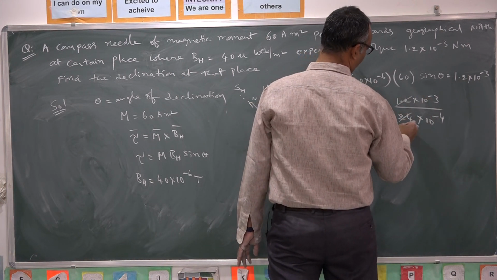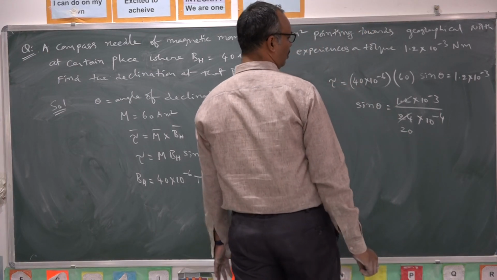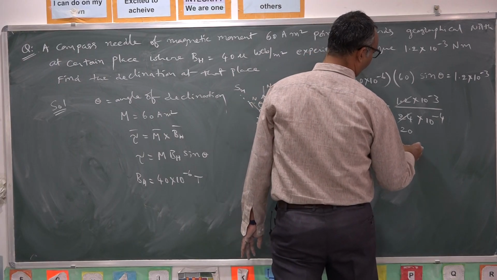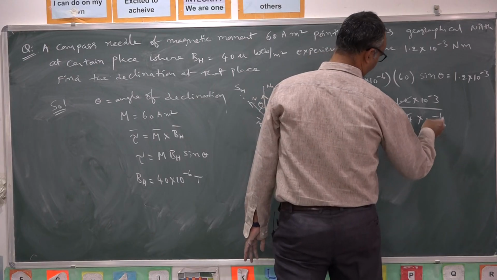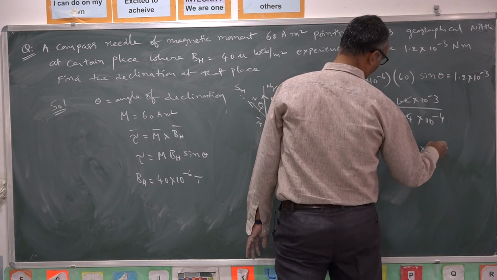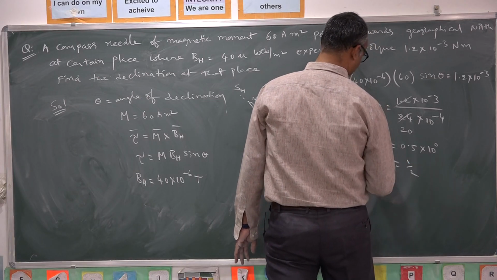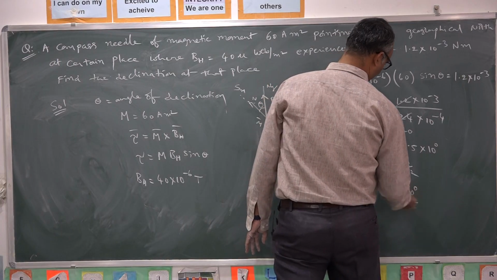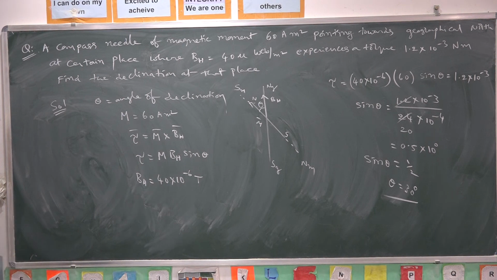This will go 20 times. So 1 by 2 means 0.5, and the powers of 10 cancel out, giving 10 power 0. That is nothing but 1 by 2. So theta is equal to 30 degrees. That is the answer for the question.